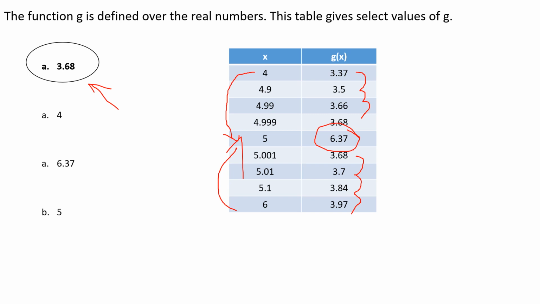You could even do 3.68, or 3.69. I'm giving you the best choices here. It's not 4, it's not 6.37, it's not 5. They're both approaching 3. It looks like from both sides, 3.68. So somewhere in that.